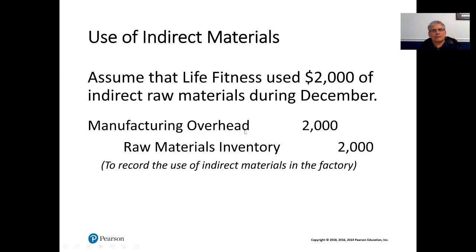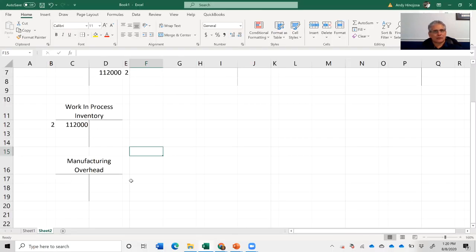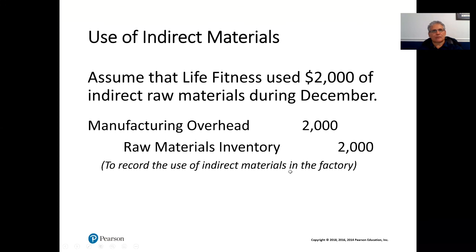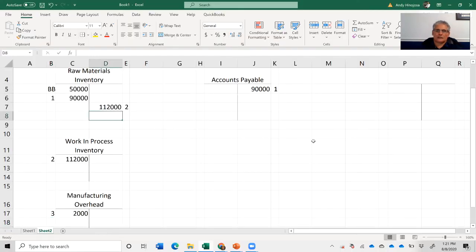We're going to debit manufacturing overhead for $2,000. It's going to be number 3. And we're going to credit raw materials inventory for $2,000.